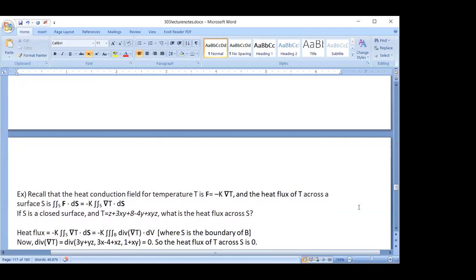So in this particular case, with this particular function, the heat flux of T across S is 0. This is a case where Gauss's theorem greatly simplifies our calculation. Now, it's not always true that it's going to be 0, but it is for this particular function. And those are some applications of Gauss's theorem. Let's just make some statements in physics in different areas.